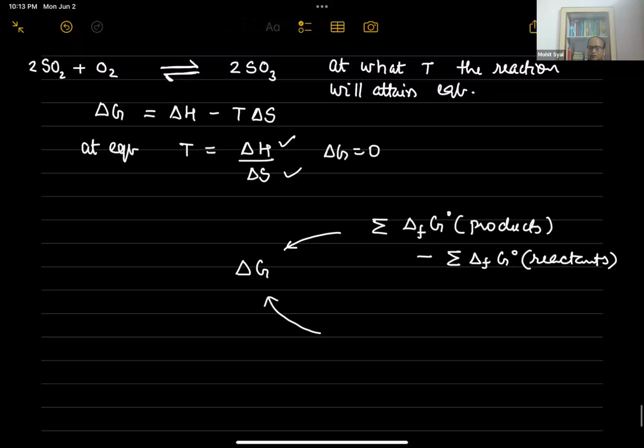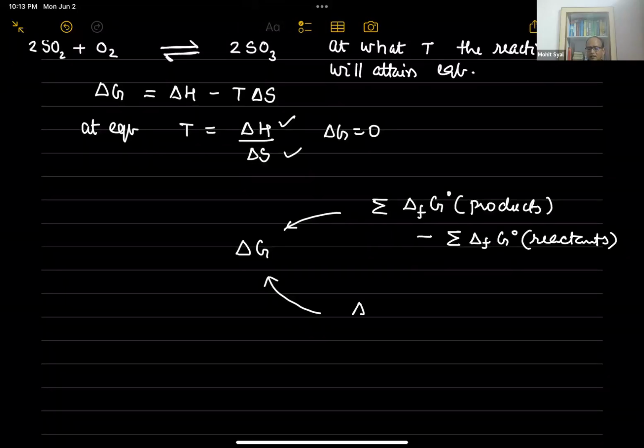Another way is delta H minus T delta S. One more way is this.